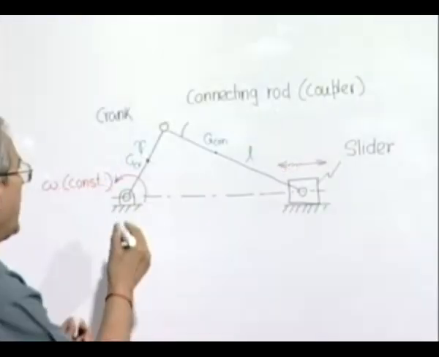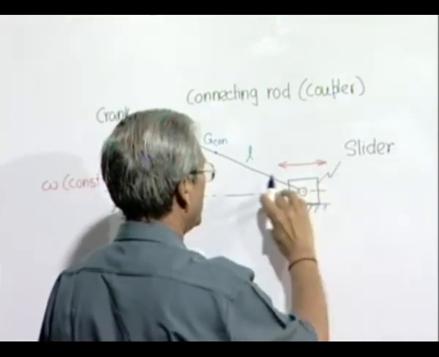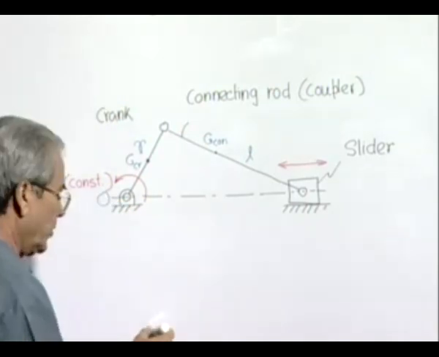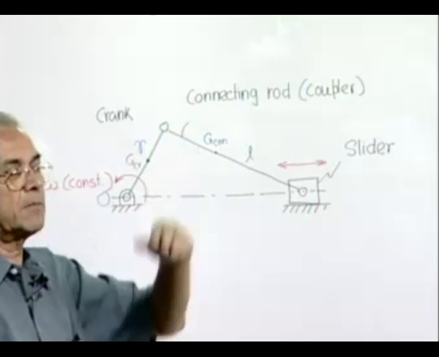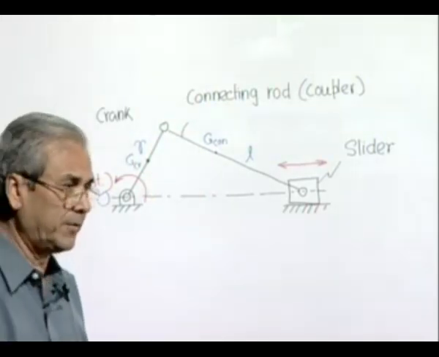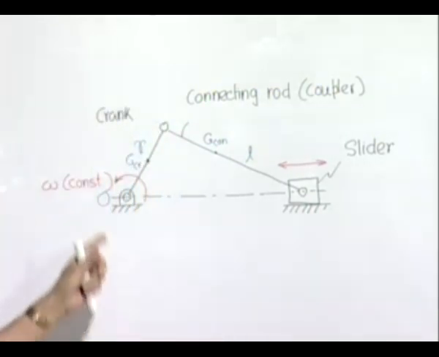Another important thing you should notice is that we have treated a case where the slider is reciprocating along an axis which passes through the origin O, which is generally not the case. It could be here or here, that means with a certain amount of offset, but since offset cases are not very frequently used, we are using the most frequently used situation where the offset is 0.